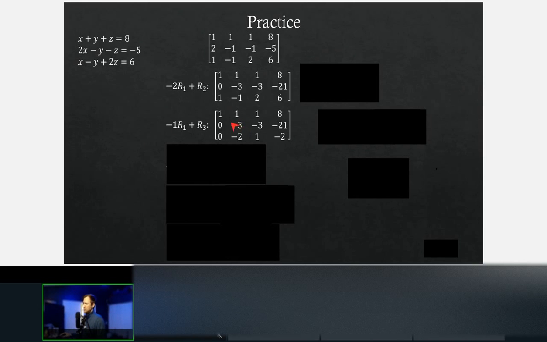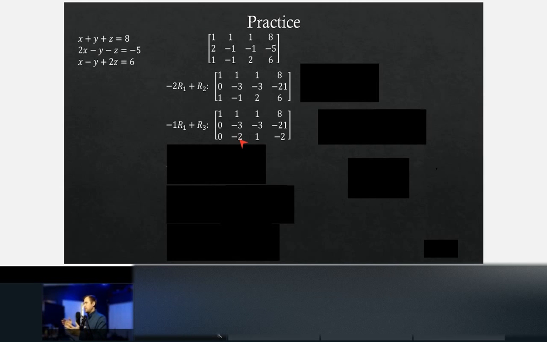So if you did -3 minus -2, that becomes -3 plus 2, makes it a -1. So that's close. We could do that, then multiply row 3 by -1, which makes that a +1, and then swap row 2 and row 3. That requires three operations, right? And that's okay. Remember, there's more than one way to approach these.